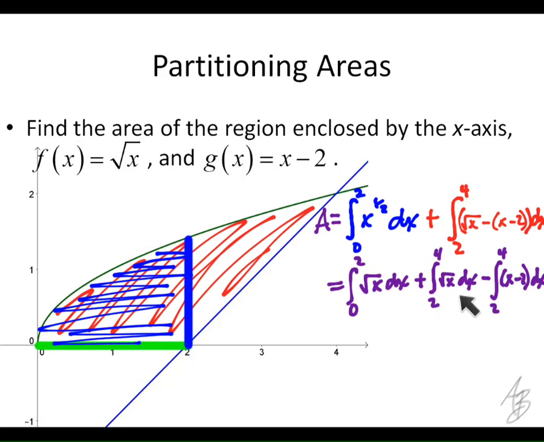We can combine those. This is a step that I would skip if I were doing this problem, but I can combine that into the integral from 0 to 4 of the square root of x. Now, I like this because when I evaluate this from 0 to 2, I'm going to be taking a square root of 2 and I'm going to have a radical in my answer.